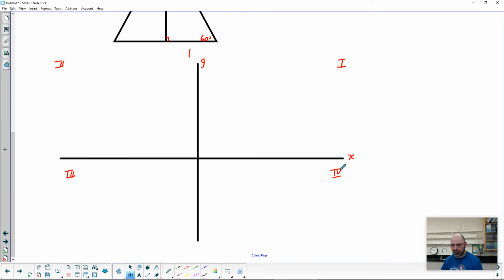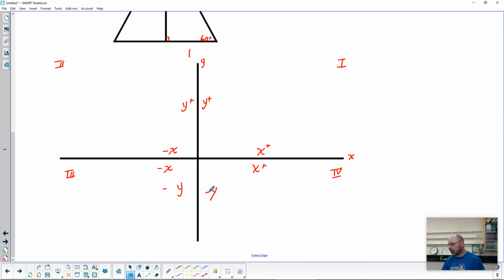So this one has a positive x and a positive y. This one has a positive y and a negative x. This one has a negative y and a negative x. And this is a positive x and a negative y.